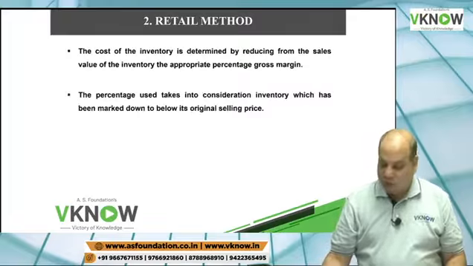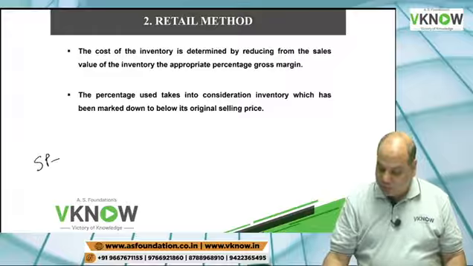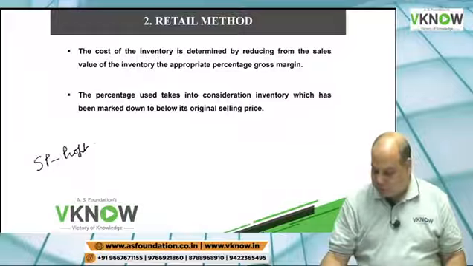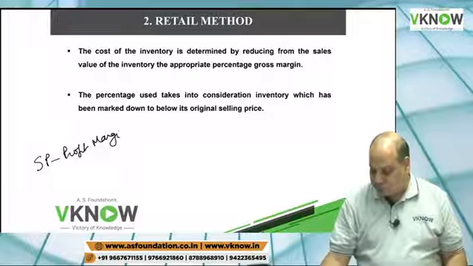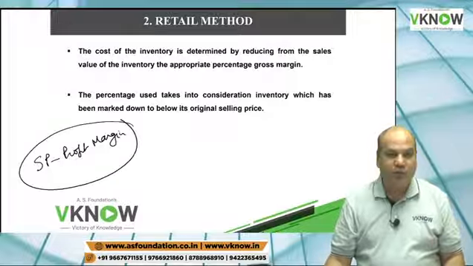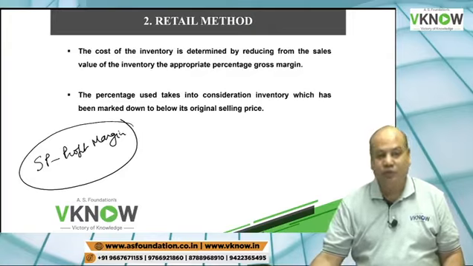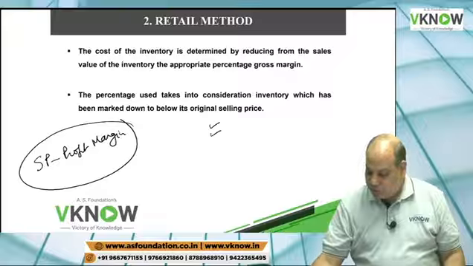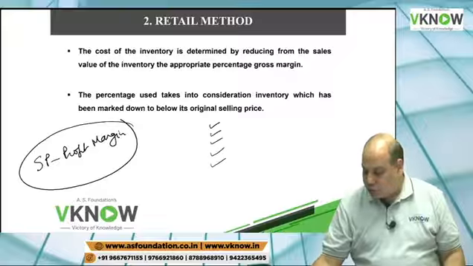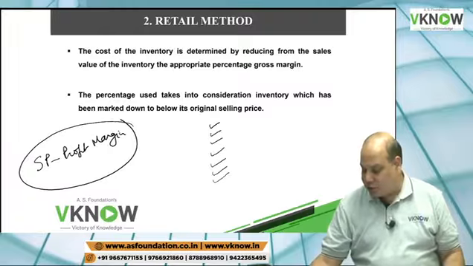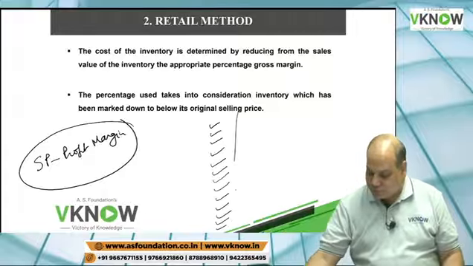The formula under this method is selling price minus profit margin. A businessman will have to see what we do in our Balaji Bhandar stock at the end of the year. We will make a list of all the items that we have. So we have 10,000 items in our store.